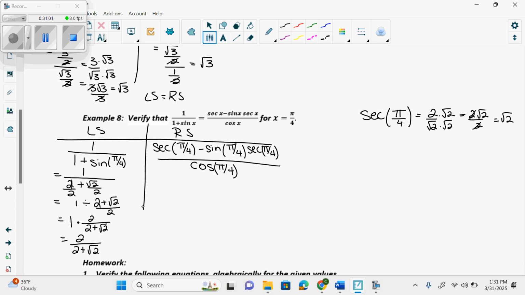Then this one, we get root 2 minus root 2 over 2 times root 2 over 1 all over root 2 over 2. So fun.